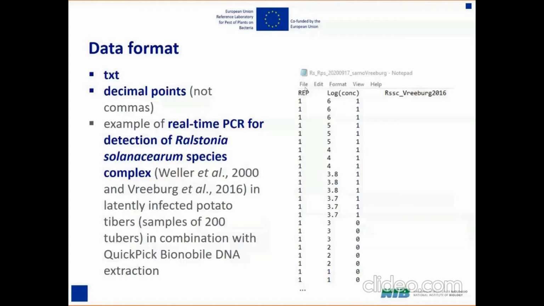The data is structured, basically this is repeat, standard curve, log concentration, that is the concentration of bacteria per ml, and the probability of detection. So 1 is 100%, 0 is 0%, etc.